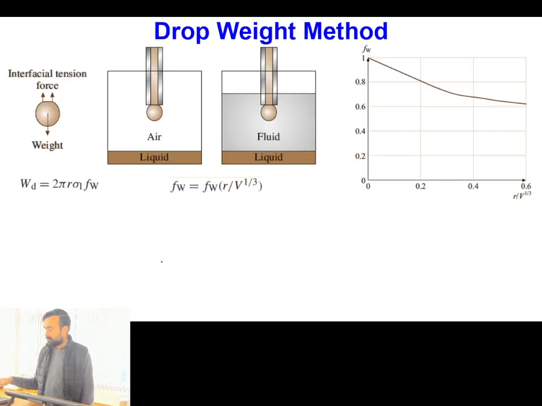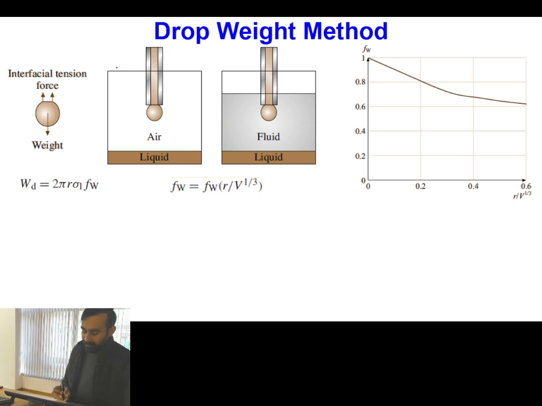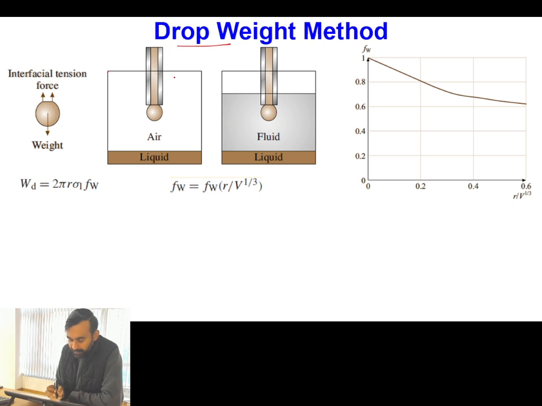Let's first see the very first type of method, the drop weight method. We have a container, and in the surroundings we have air. Now I have taken a needle, and from this needle I allow the liquid to freely fall under the effect of gravity.